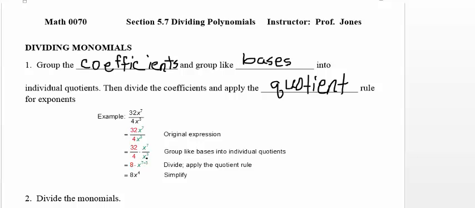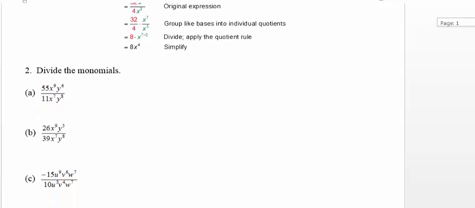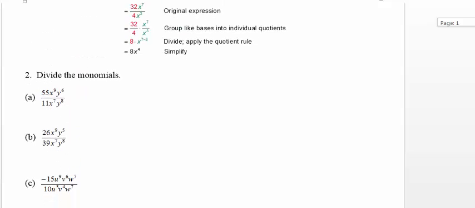X to the 7th divided by x to the third, when we apply the quotient rule, gives us x to the 7 minus 3. So this simplifies to 8x to the 4th. So let's practice this on 2a, b, and c.